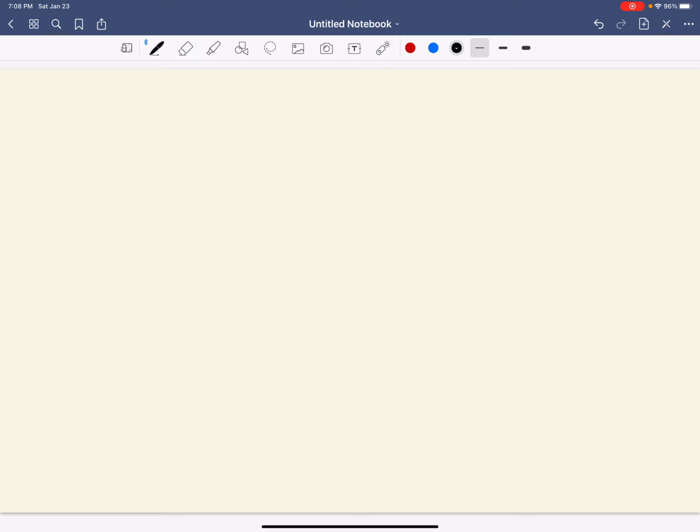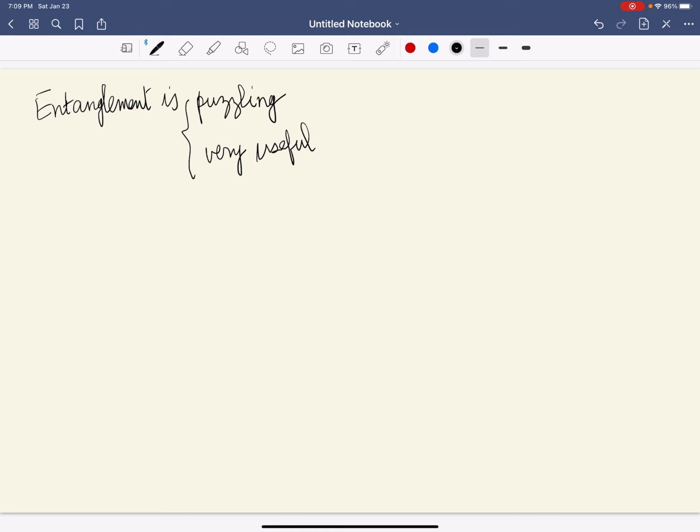Okay, so the entanglement is puzzling, or at least at first sight. But what people came to realize over the years is that entanglement is also very useful. Why?